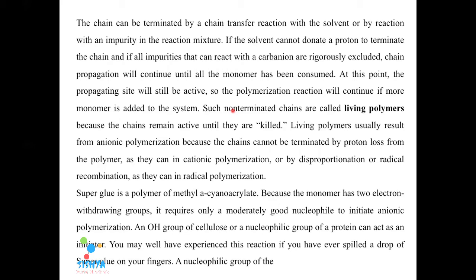terminated, forming a different polymer. The chain can be terminated by chain transfer reactions with the solvent or by reactions with an impurity in the reaction mixture. If the solvent cannot donate a proton to terminate the chain, and if all the impurities that can react with a carbanion are rigorously excluded, the same propagation will continue until all the monomer has been consumed, and at this point the propagating site will still be active, so the polymerization reaction will continue if more monomer is added to the system.